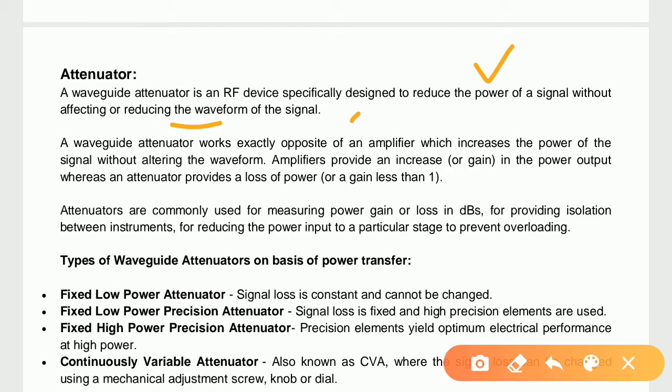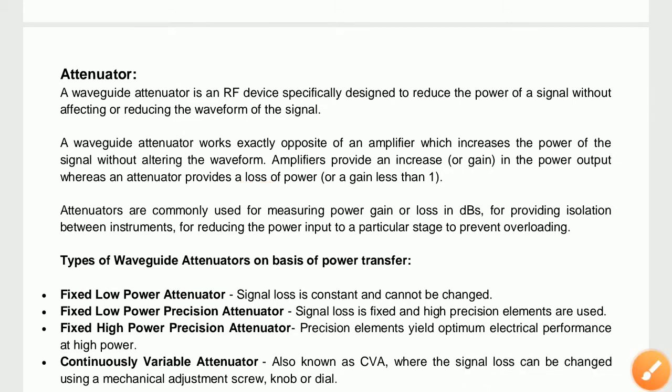So amplifiers provide an increase in power output, whereas an attenuator provides loss of power, or a reduction in power, or a gain less than 1. So it basically works opposite to the amplifier.